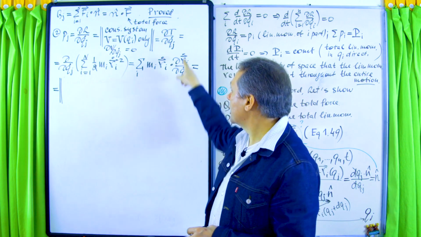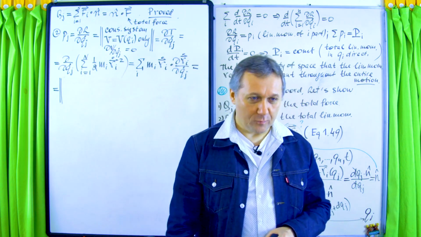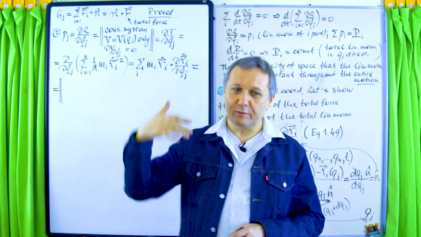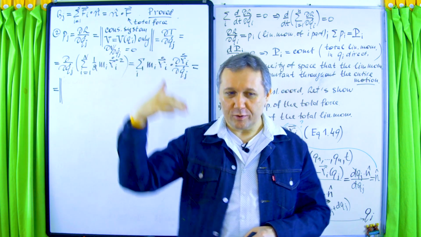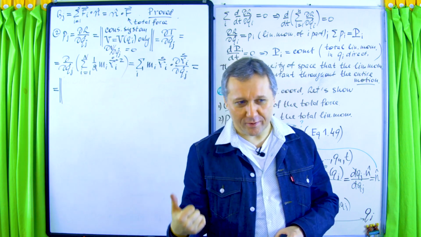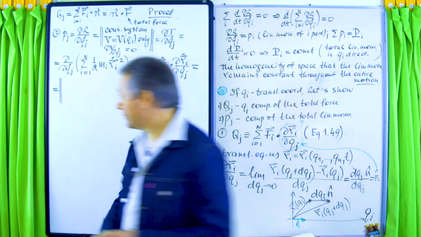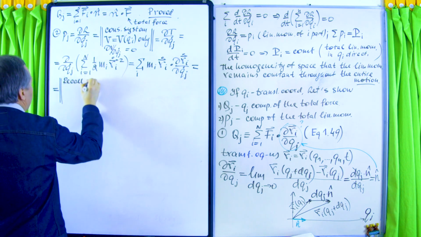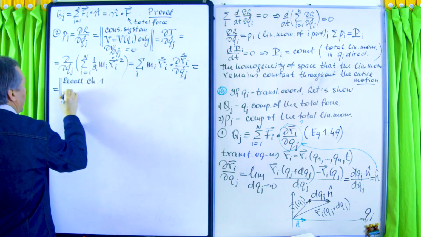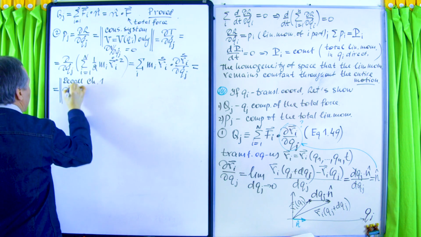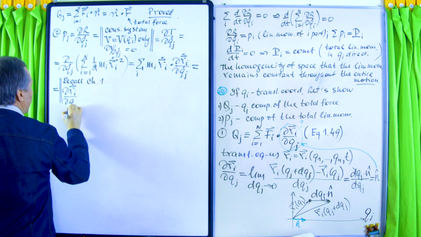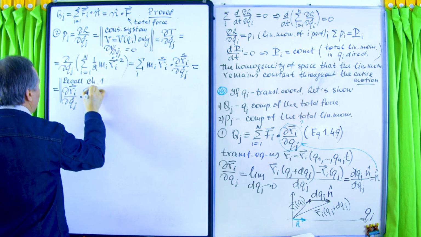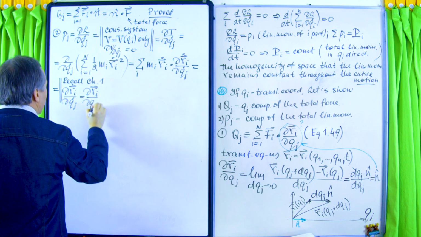One of the ingredients was that the partial derivative of old velocities with respect to new velocities equals the partial derivative of old coordinates with respect to new coordinates. And we proved it over there. So let's just recall it.